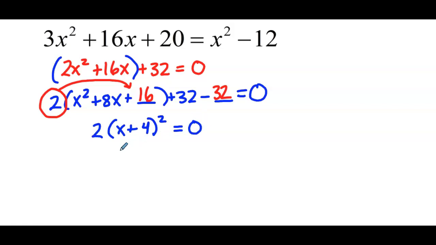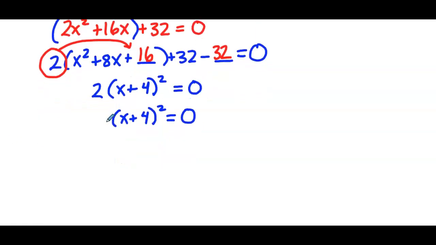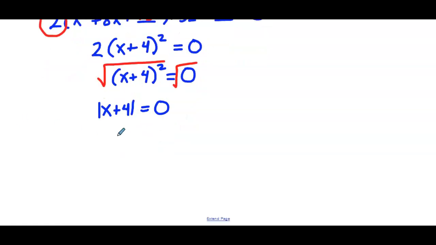Okay, so we can divide both sides by 2, so (x + 4) squared equals 0. So we can take the square root of both sides. So we have the absolute value of x plus 4 equals 0. So either x plus 4 equals 0, or the negation of x plus 4 equals 0.